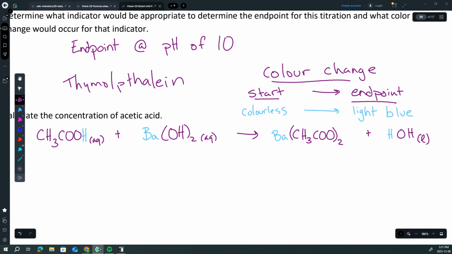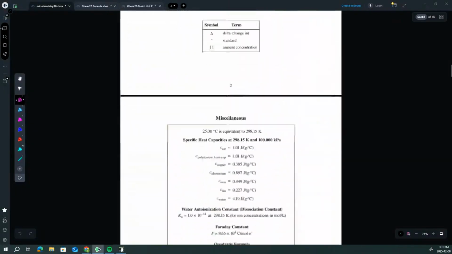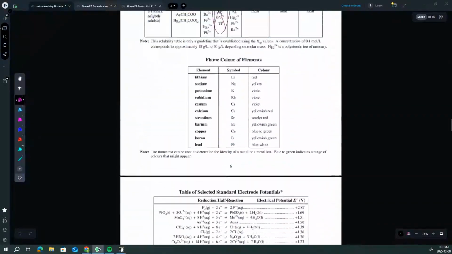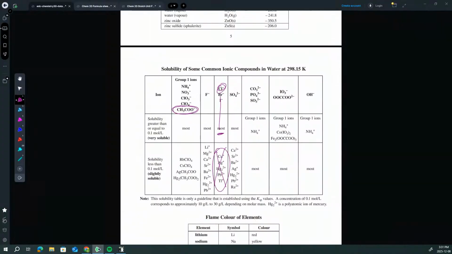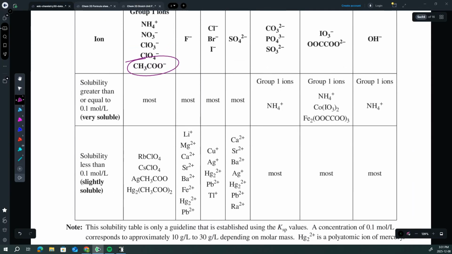So now that we have the compounds balanced, I'm just going to double check the state, or the solubility, of barium acetate. So let's go to our data booklet. All right. So we have our acetate ion here. Most things are soluble, but let's just double check to make sure barium isn't part of our exceptions.